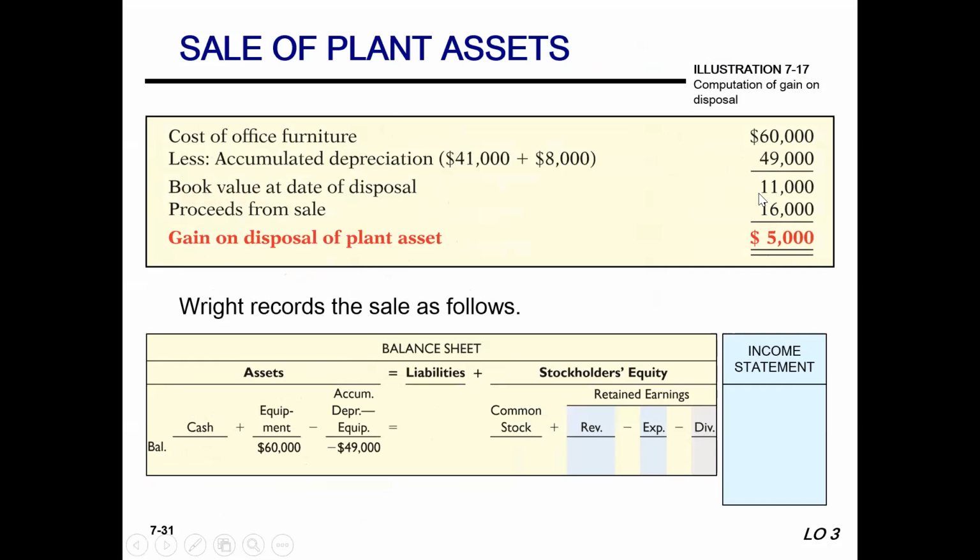So the book value at the time I dispose of it, after the adjustments here, the 8,000 and the 41, are both tied together. I noticed that I'm getting 16,000, which is more than my book value. So what that means is I probably took too much depreciation in the past, because I'm getting more than what my value should be of a depreciating asset. So now I have this gain on sale of this asset, which will increase your income statement.